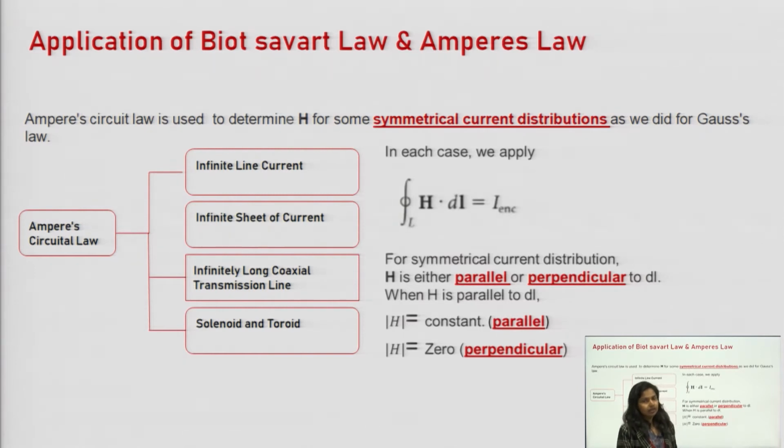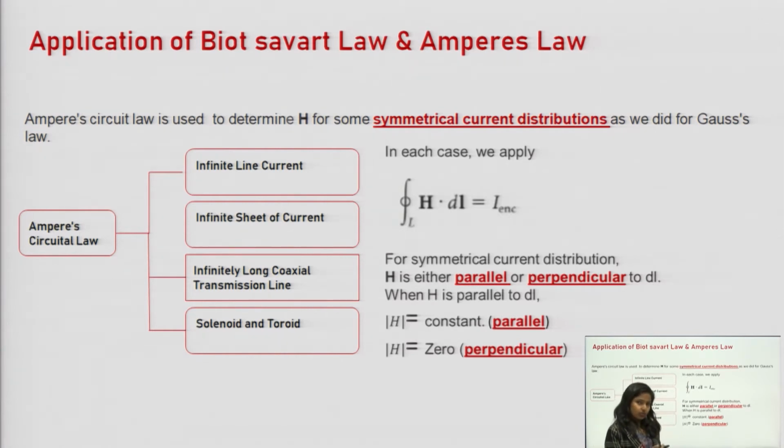In the same way, in magnetostatics, we are studying two laws, that is the Biot-Savart law and Ampere's law. But Ampere's law has some limitation over Biot-Savart law. Biot-Savart law is applicable in any kind of configuration, any kind of current element, but Ampere's law can be used for symmetrical systems only.